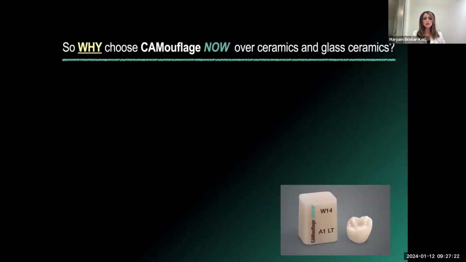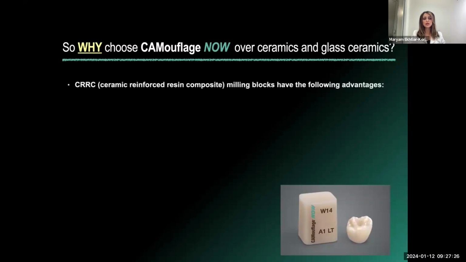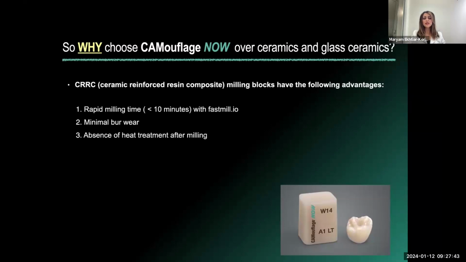So why choose Camouflage Now over ceramics and glass ceramics? Ceramic reinforced resin composite milling blocks have the following advantages. It mills in under 10 minutes with my Fast Mill IO. There's minimal bur wear. And the best part is you do not need an oven. There is an absolute absence of heat treatment after milling.